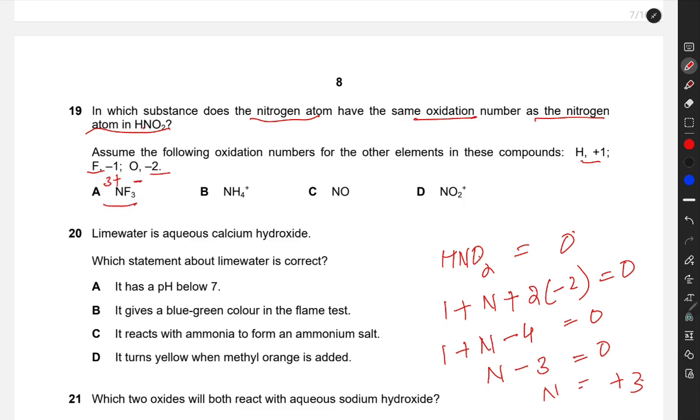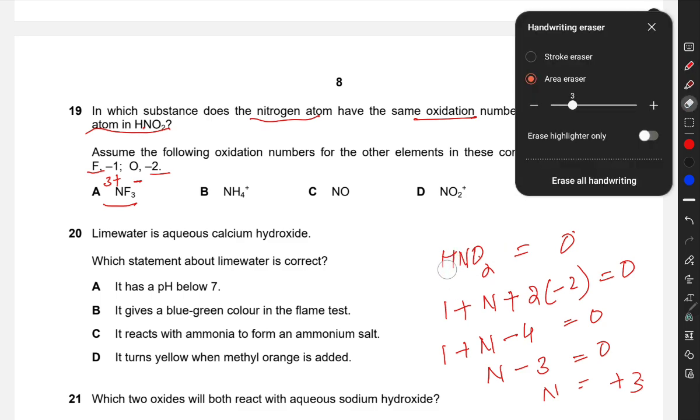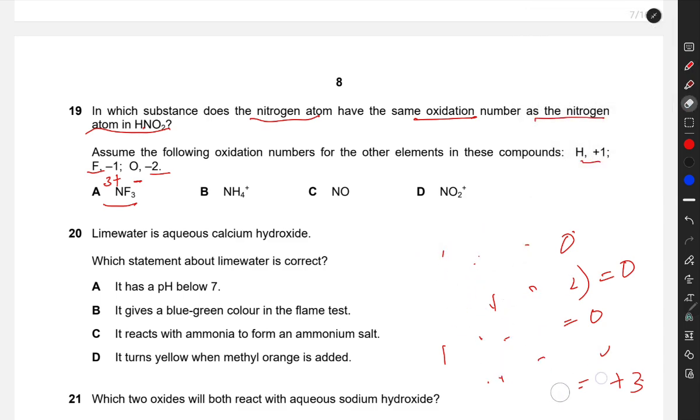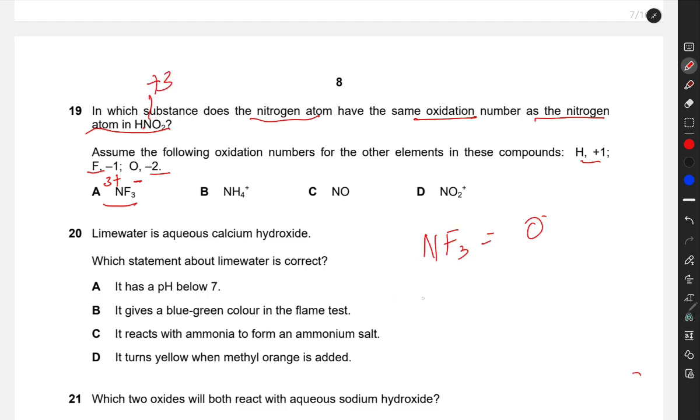If we calculate like this, nitrogen assumed x, x plus 3 times minus 1 is equal to 0, x minus 3 is equal to 0 and x is equal to plus 3.